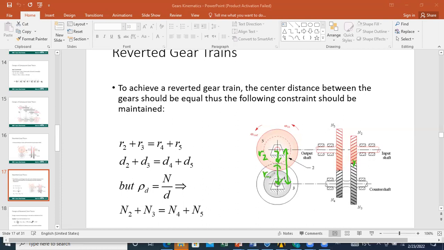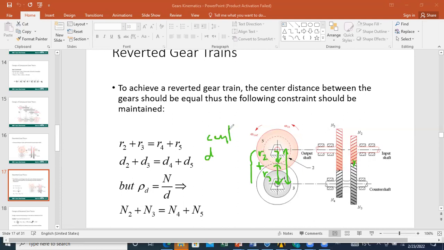Okay, so the total distance between centers can be written as R2 plus R3, which will give me the center distance.